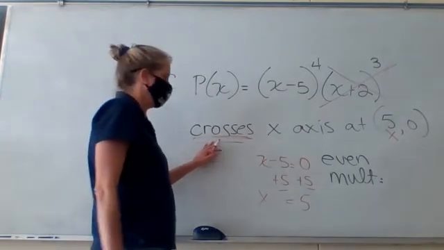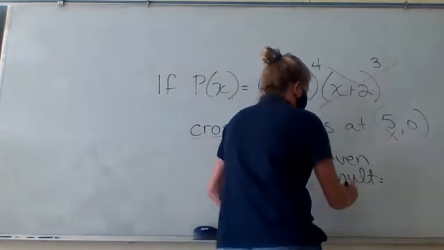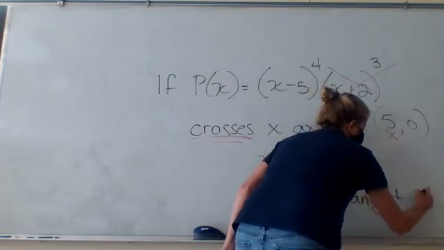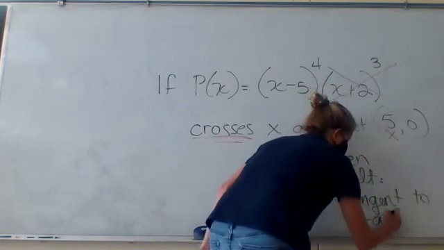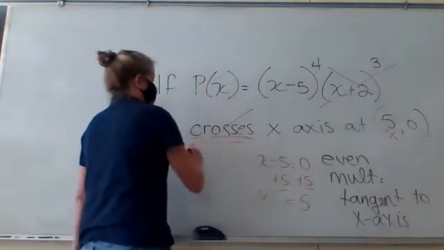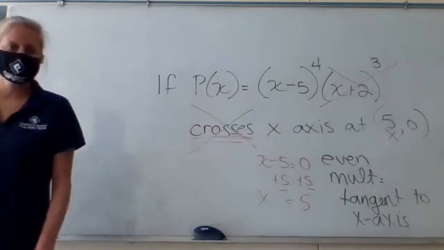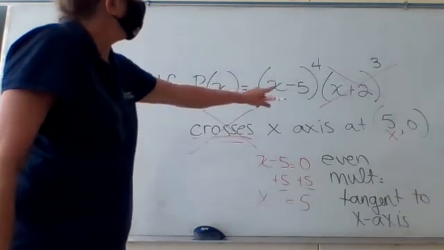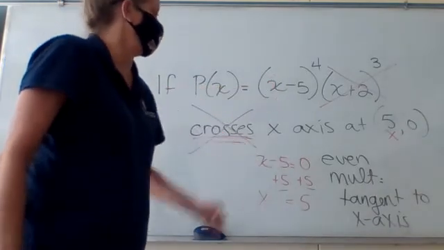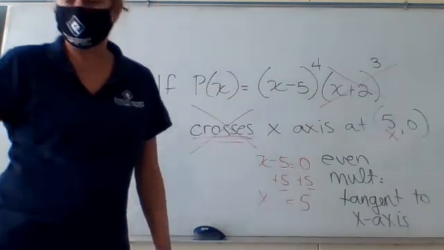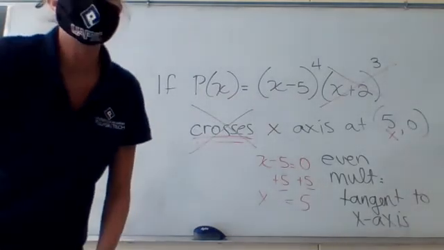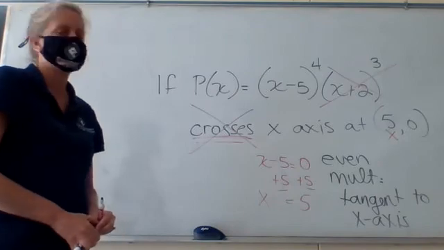It tells you that your x-intercept is tangent to the x-axis at that point. It doesn't cross. So this would be false. This 0 would be tangent to the x-axis and not cross it because the exponent is even.